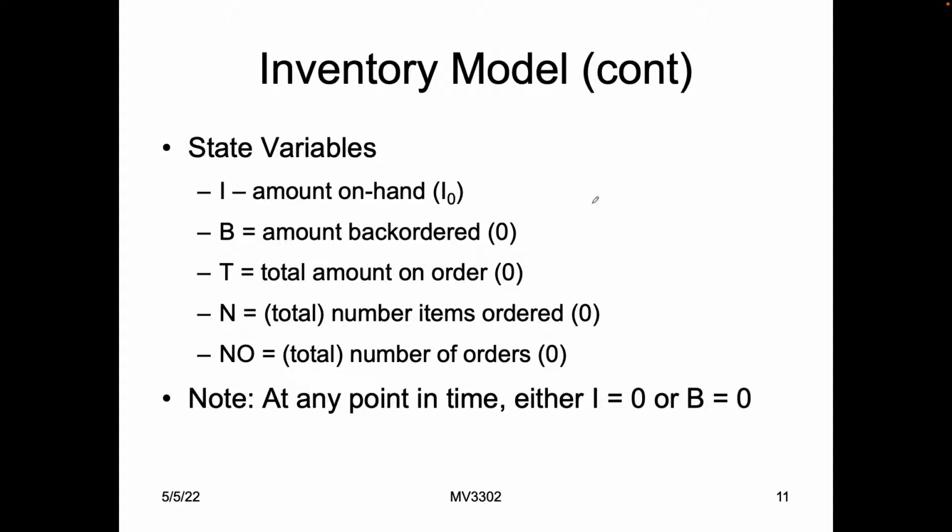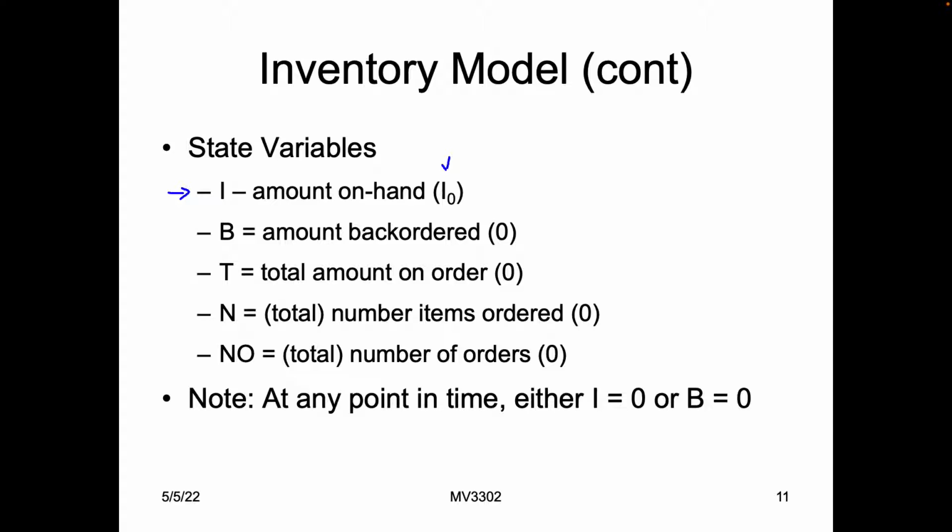So again, continuing with our event graph model of this, we have state variables. There are a number of different ways of modeling this with state variables, but these are some of the things that we are typically going to be interested in. One is the amount that we have on hand, and that's initially going to be this.